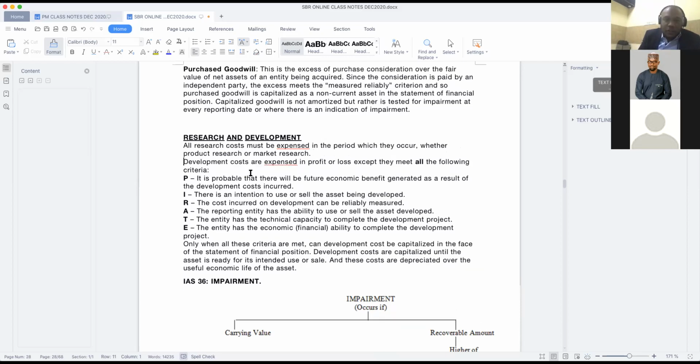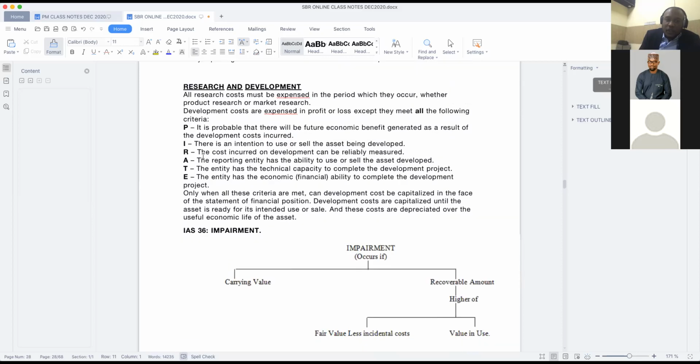Now, development costs are expensed in profit or loss, except they meet all of the following criteria. So it's only when development costs meet the criteria that they are capitalized. The criteria: one, it is probable that there will be future economic benefits generated as a result of the development cost incurred. Two, there is an intention to use or sell the asset being developed.